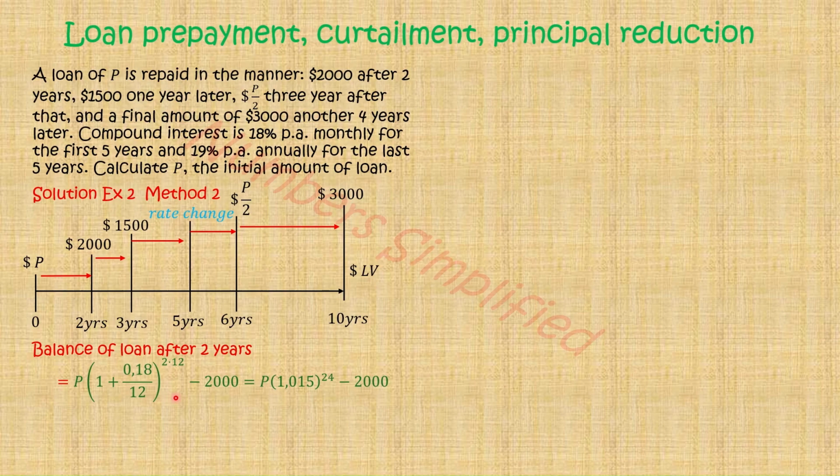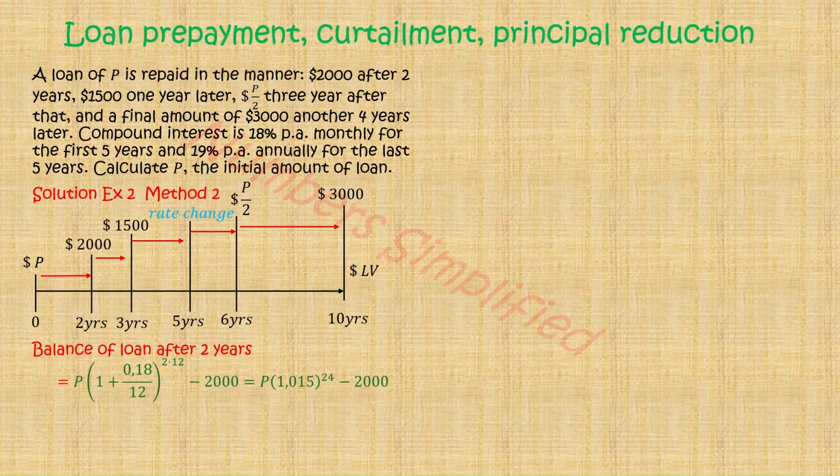Then we are going to subtract the value that was paid, because it is actually reducing the value of the loan. Therefore, simplifying further, we are going to have P times 1.015 raised to the power 24 minus the 2,000. So with that, we can see that that would be the balance of the loan after 2 years.